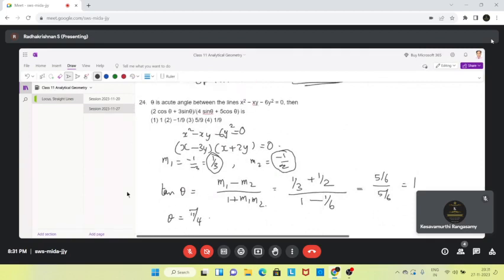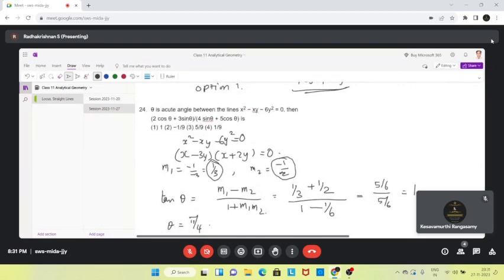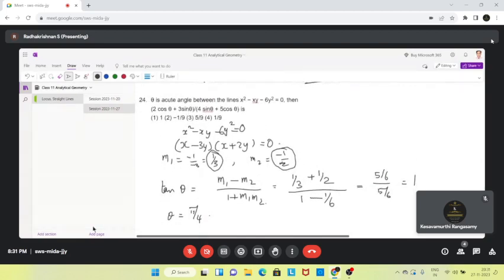Now it is an easy matter to determine (2 cos theta plus 3 sin theta) divided by (4 sin theta plus 5 cos theta) once we know theta. So this is pi by 4. Cos theta is 1 by root 2. Sin theta is also 1 by root 2.